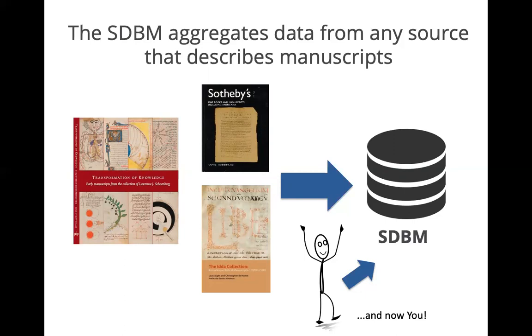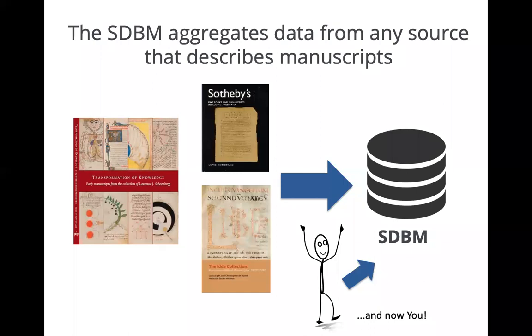What we're doing is storing metadata about manuscripts. When Larry started with his special interest in tracking price changes, most of the data came from auction and sale catalogs. So our real strength is auction catalogs beginning in the 19th century all the way up till now.